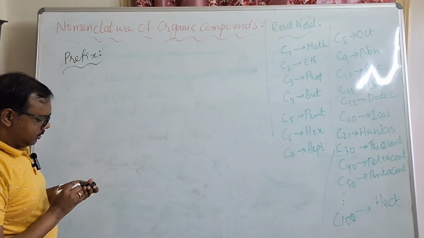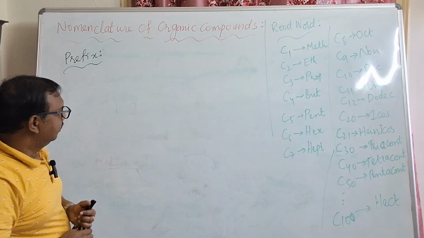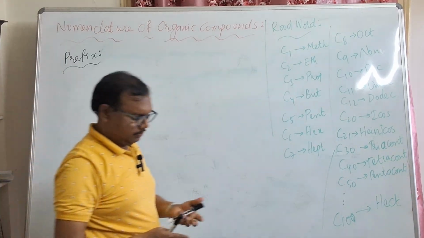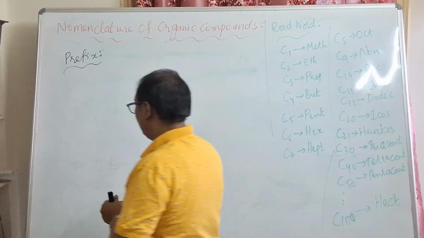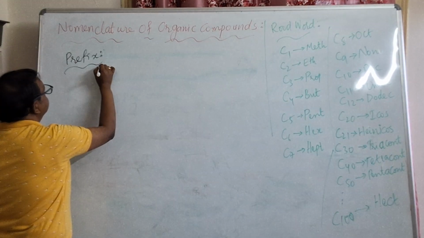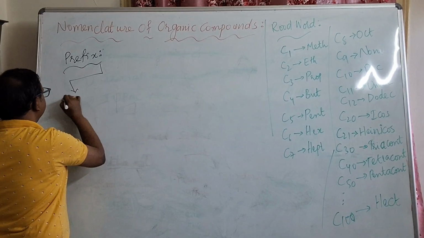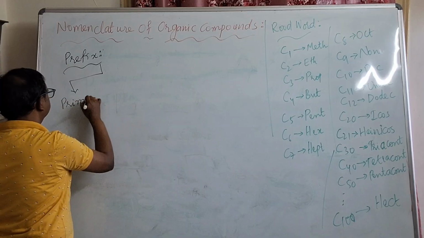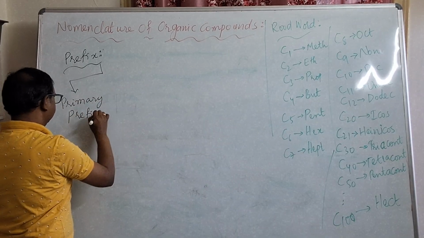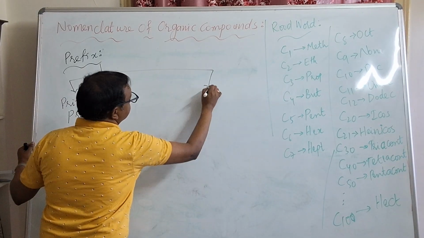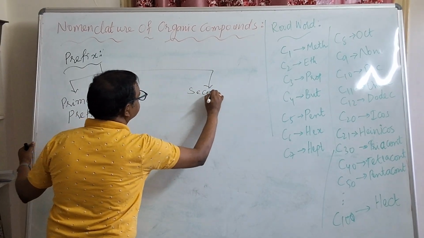Alright. See prefix, you can write here suffix I have written. Prefixes are again how many types here? Two types. Primary prefix, the next one is secondary prefix.